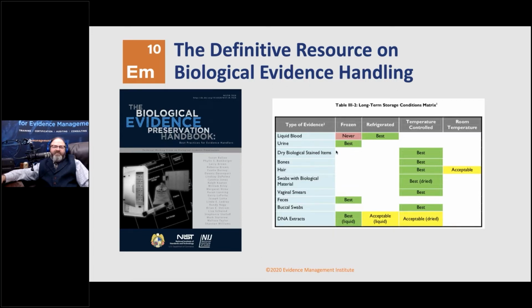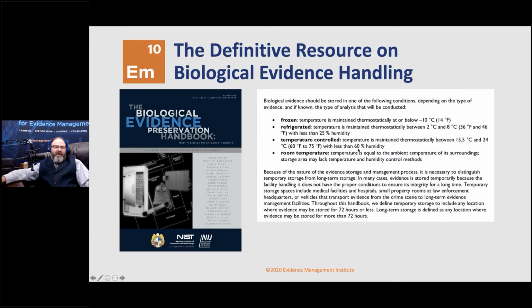So we're actually getting a lot of liquid blood. We want to make sure that we're storing it in the right way to keep it preserved and useful. And it even provides us, in the context of this biological evidence preservation handbook, what they mean by frozen.